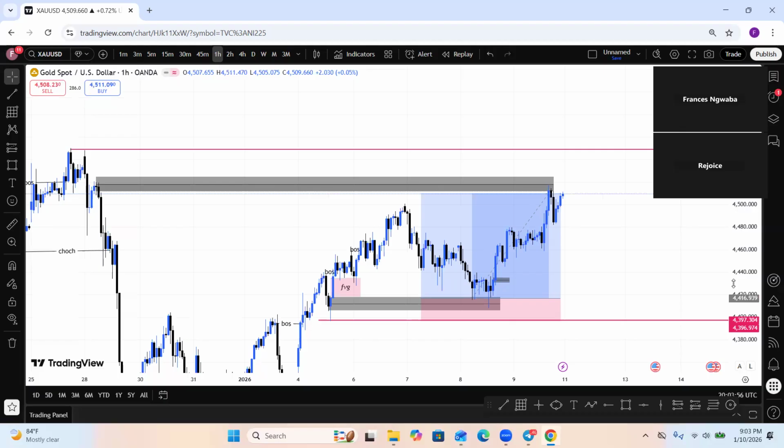So you have to know which one is valid. You understand me? You have to know the valid order block. So how do we know the valid order block? There are certain things that we need to see to know if an order block is valid.